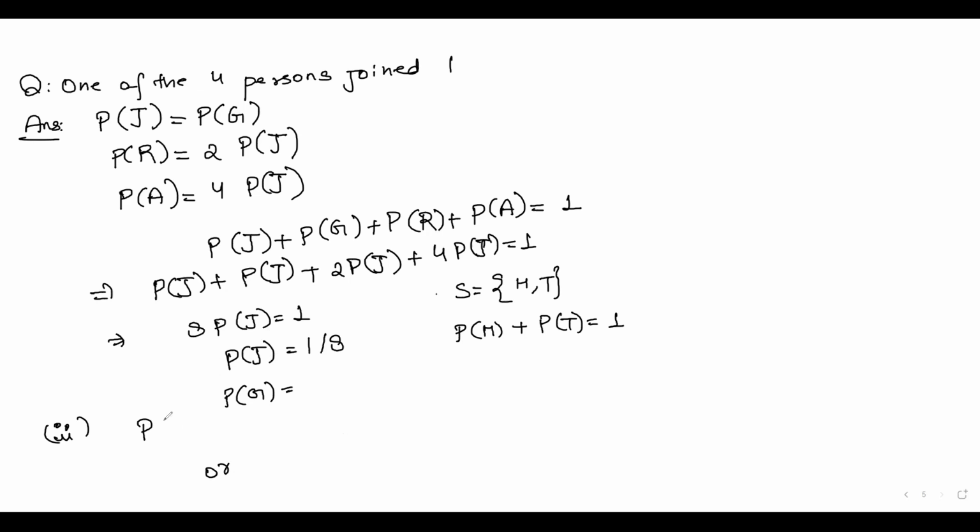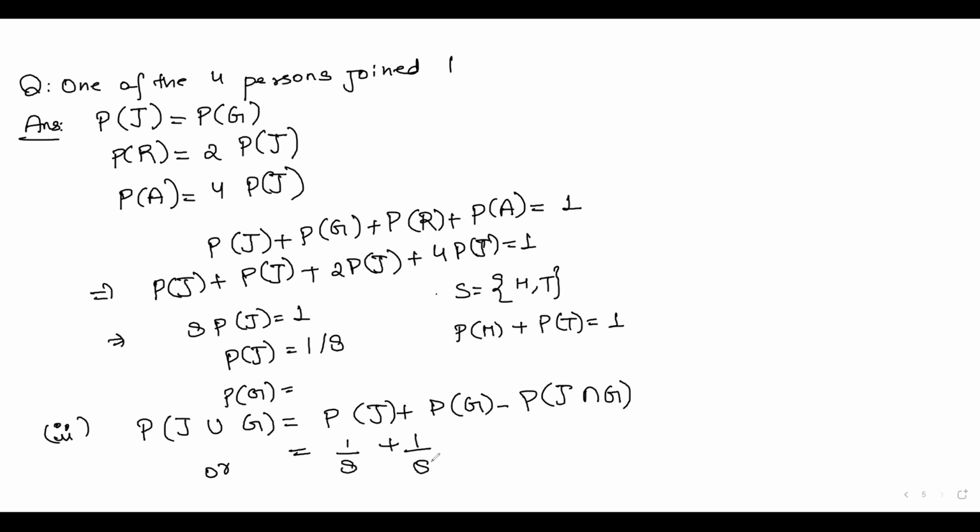So they're asking for John promoted union Gurpreet promoted. What's the formula? P(J) plus P(G) minus P(J intersection G). Is this clear? So what is the probability of PJ? 1 by 8. Very good. What is PG? Again 1 by 8.